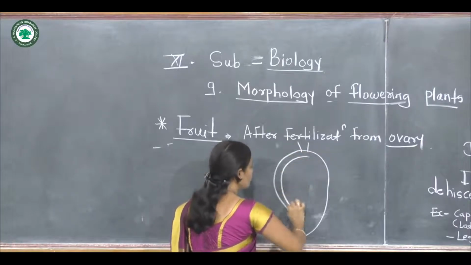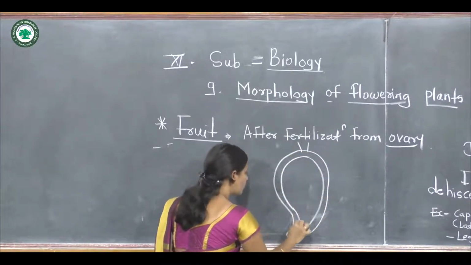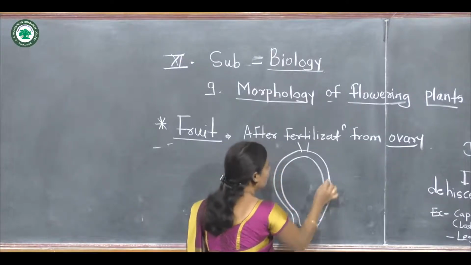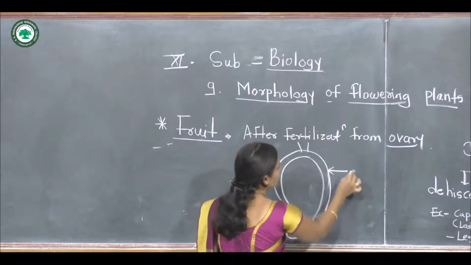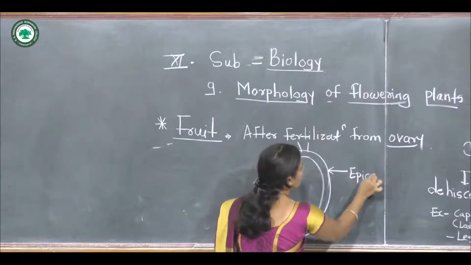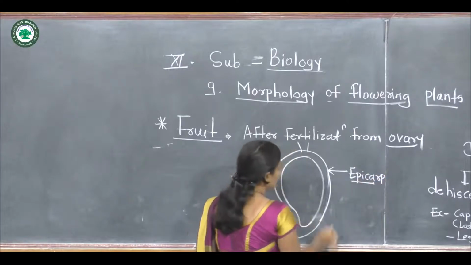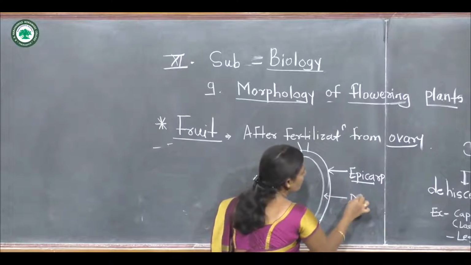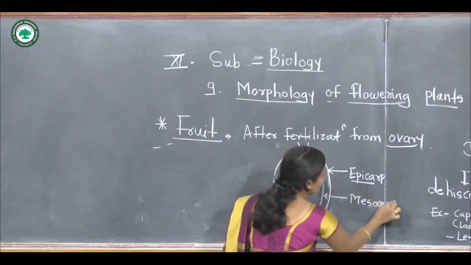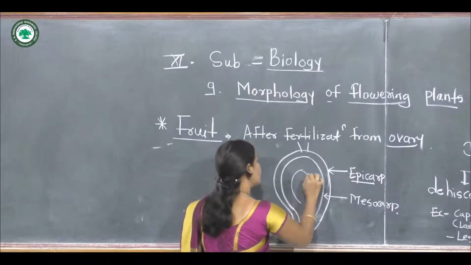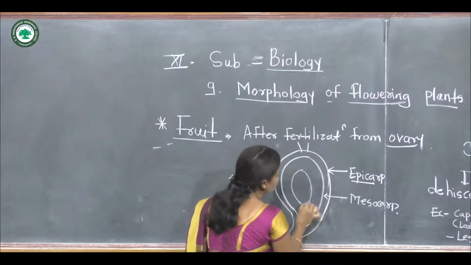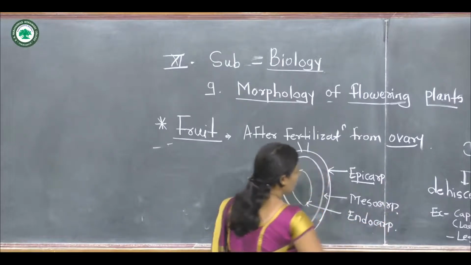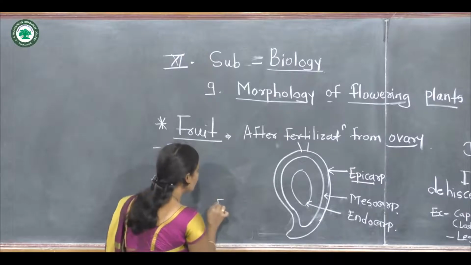In the mango fruit, the first layer is the epicarp, the middle portion is the mesocarp, and the inner part of the fruit is called the endocarp. These are the parts of the fruit structure.